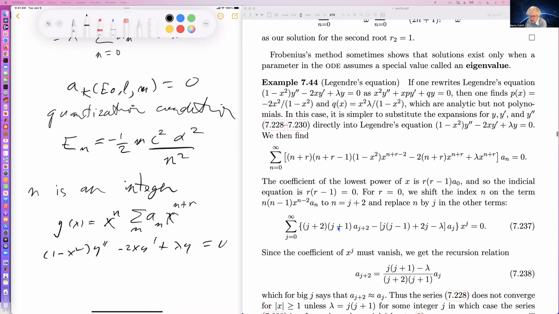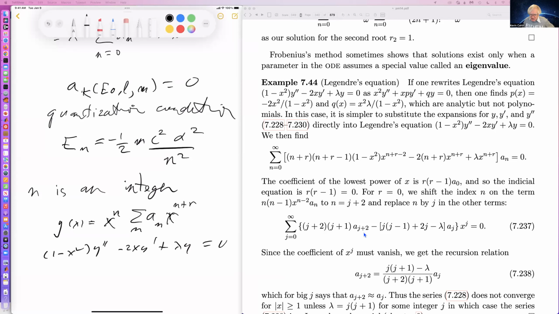And so you shift n to j plus 2, and you set n equal to j in the other terms, and then you manage to get this expression, x to the j, and this coefficient in these curly brackets here. And that is the recursion relation.